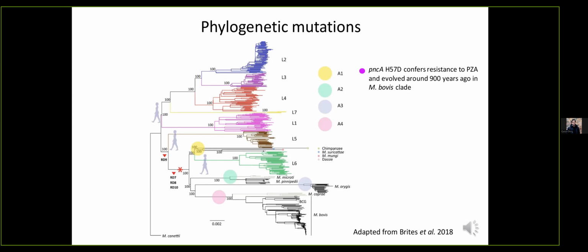Of course, this was 900 years ago, so it was not because of the use of antibiotics. It was a mutation that happened, and it turns out that today that mutation confers resistance to an antibiotic that we use for tuberculosis treatment. But again, this mutation did not evolve due to the use of antibiotics. It just evolved, and it turns out to confer drug resistance.